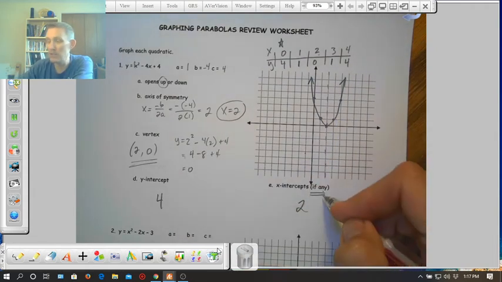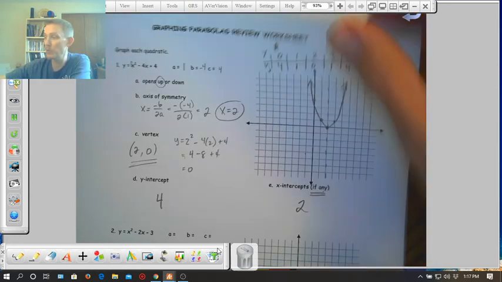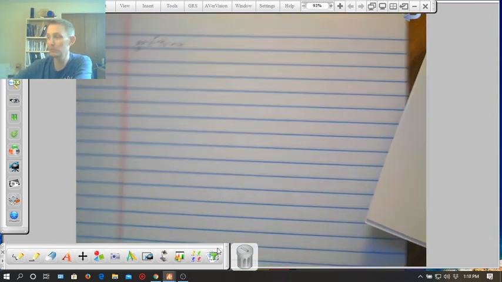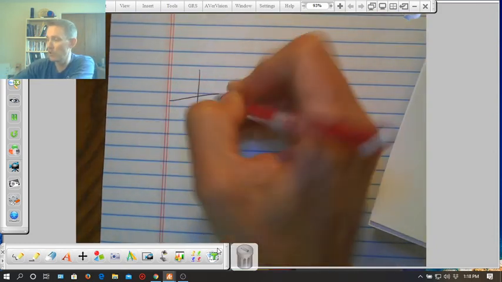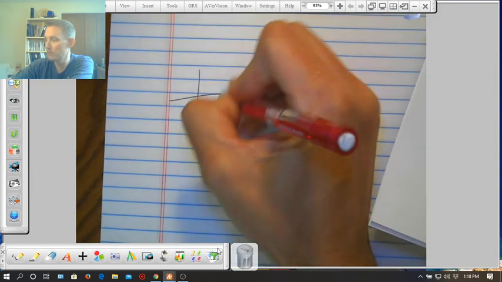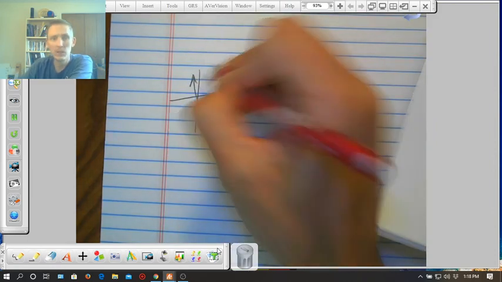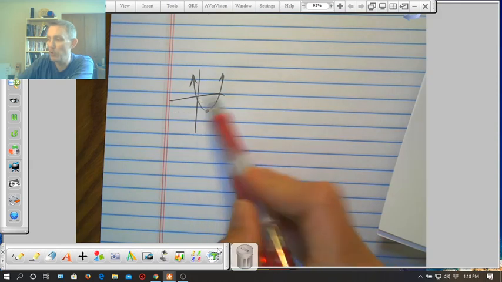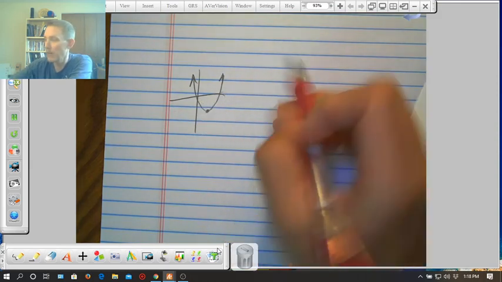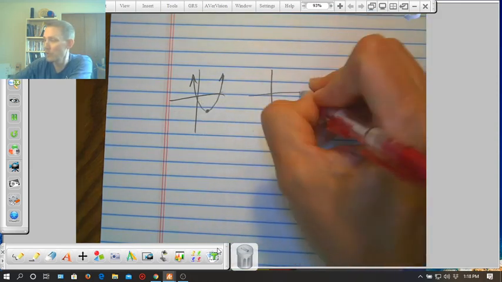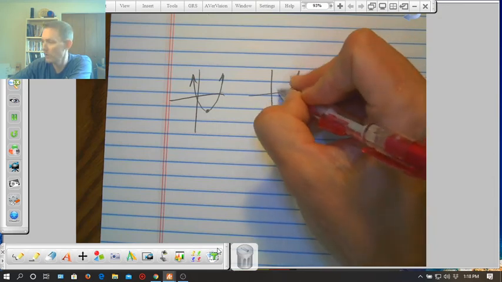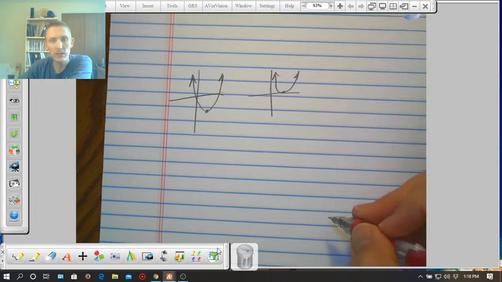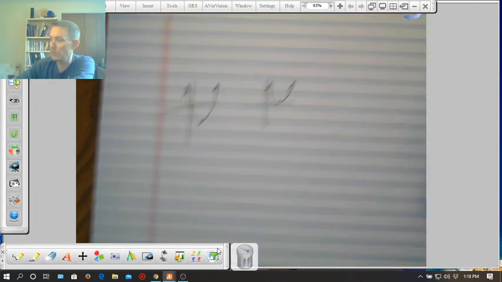Now if I come back to this idea for x-intercepts, if any, there are 3 possible scenarios. I could have a normal graph, and this one's going to have 2 x-intercepts. I could have what we just did, which is the vertex is on the x-axis. Then there's 1 x-intercept.